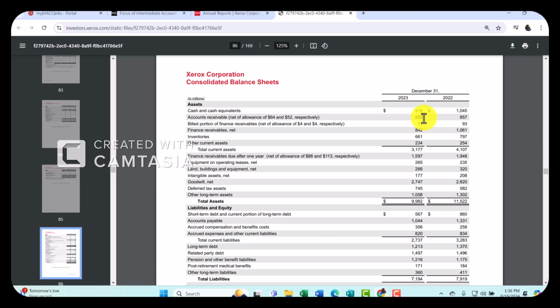Let's say that we determined the accounts receivable net was 830 instead of 850. If I made two journal entries for $10 million, because all these are in millions each time, or I made one journal entry for 20 million, the result would be the same. It would look the same on the balance sheet.